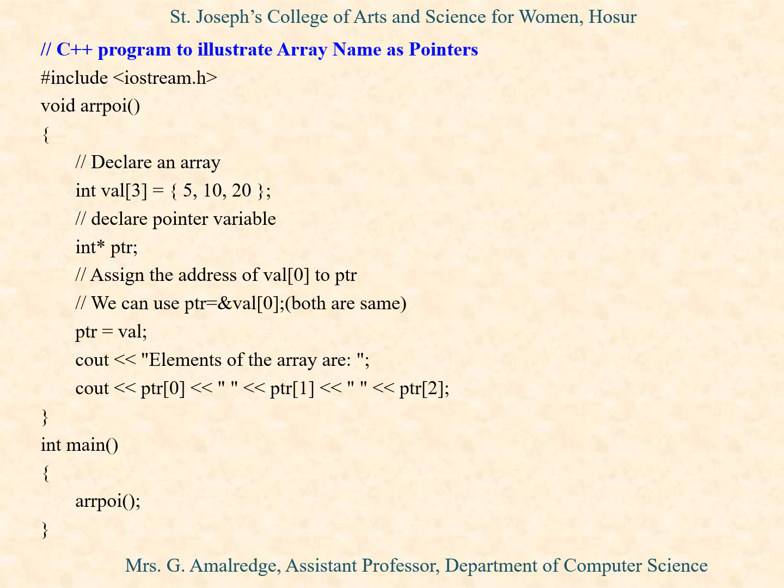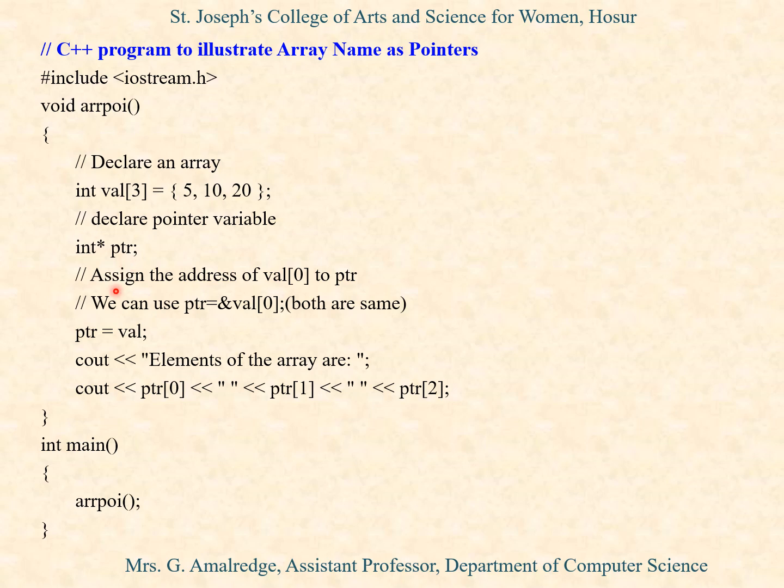For example, here we are using a function called arrpoi, array pointer. In this function, we are going to declare an array with the size 3 and we are storing the values 5, 10 and 20 into the array val. Now we are going to declare a pointer variable, that is int *ptr.